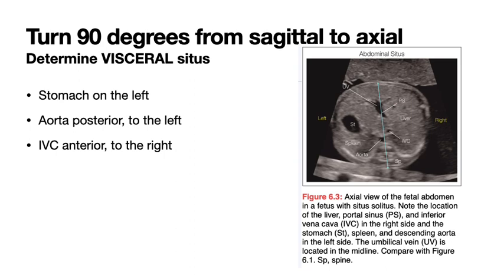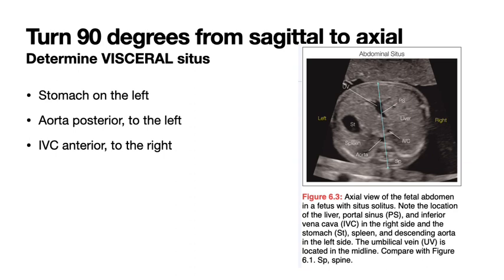Then, once you've figured that out, you turn 90 degrees from sagittal to axial and determine the visceral situs. Now, that seems like a ridiculous thing to say, but I've seen it on multiple questions where they actually ask that. Once you've gotten the baby's left and right by a sagittal view, then what do you do?